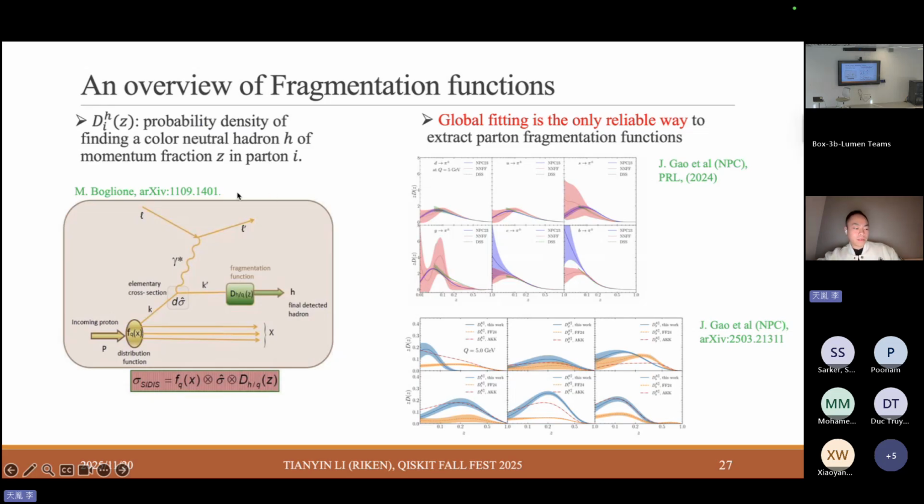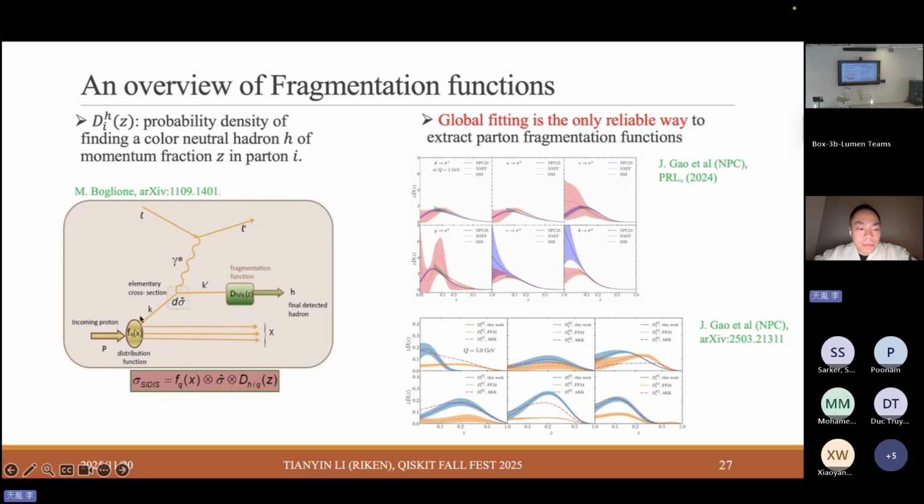For the inclusive process, the hadronization can be described by the fragmentation function D_i^H(z). This fragmentation function is the probability density of finding a color-neutral hadron H with momentum fraction z inside a colored parton i.